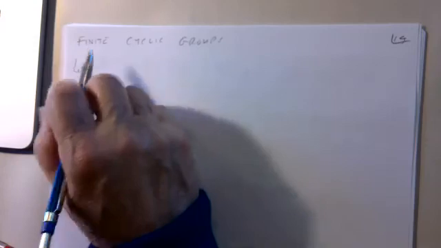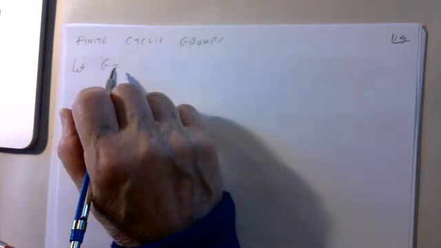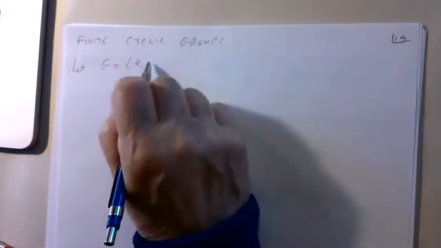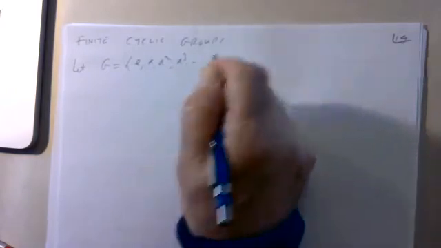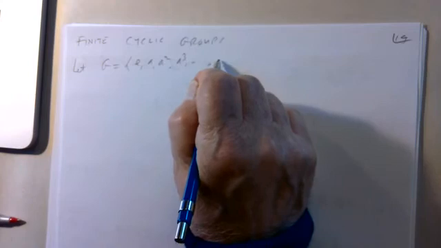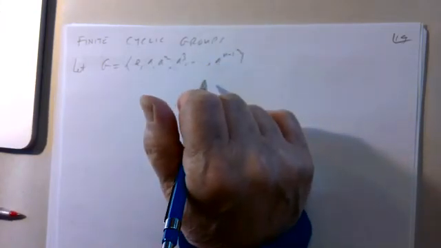So suppose we let G consist of the following elements: E, which is going to be the identity, A, A squared, A cubed, all powers of some number A up to A to the n minus first power. So these are just symbols.